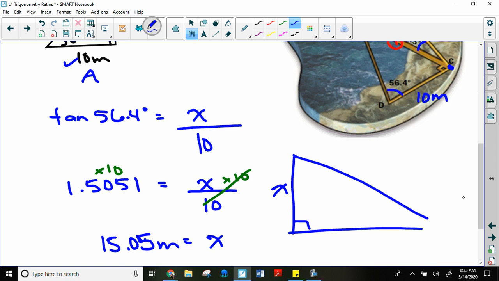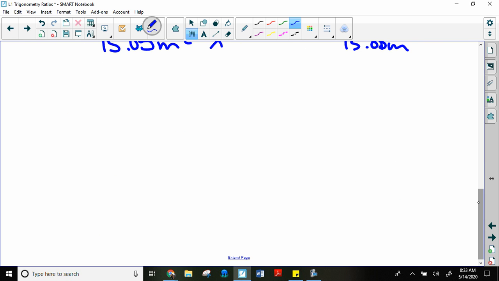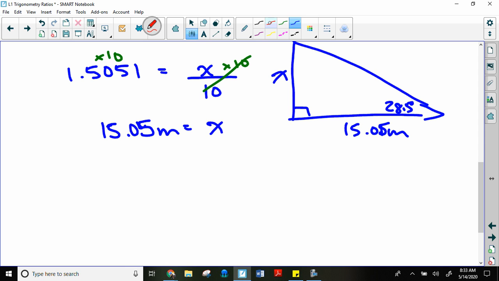We know this angle is 28.5 degrees, and we just found out that this side is 15.05 meters. Okay, so our given angle is there. Label our sides: hypotenuse, opposite, adjacent.